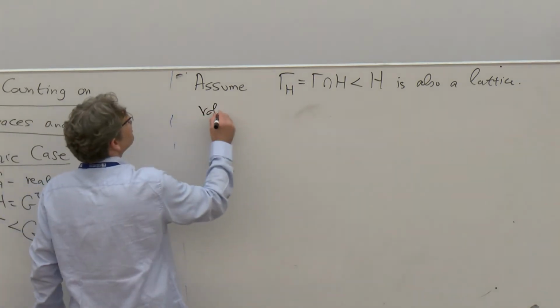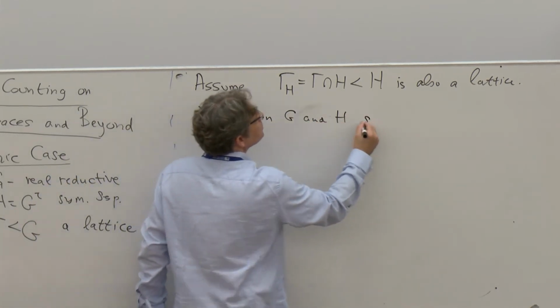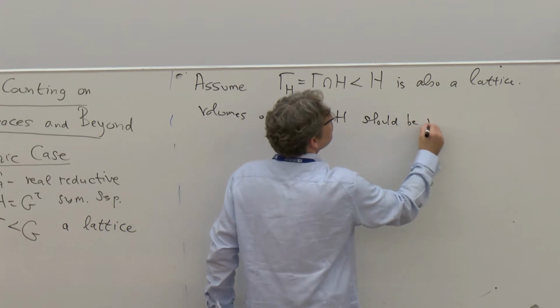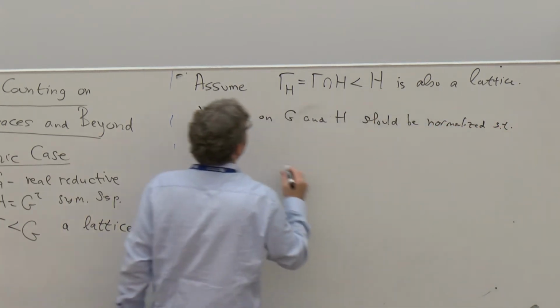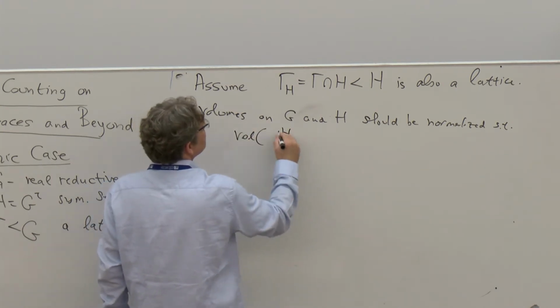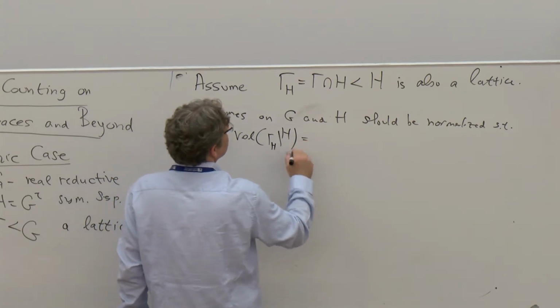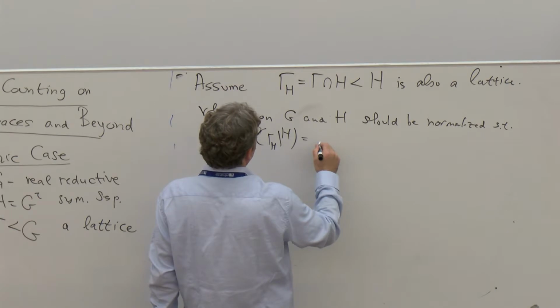So volumes on G and H should be normalized so that the volume of H mod gamma_H is equal to, probably, 1.